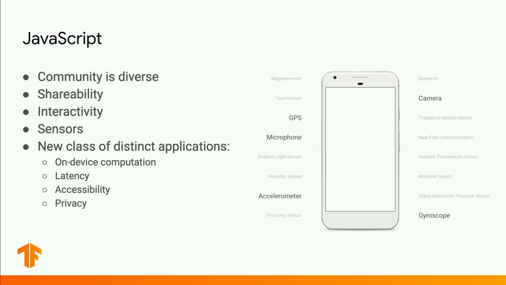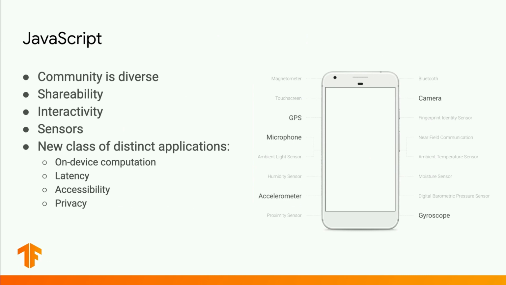Another thing about JavaScript is that it runs in a browser, and as you know, in a browser, if you build something, if you write a blog post, you share a link, someone is a click away from seeing your work. It is also highly interactive. Browsers have all the UI. They also run on laptops and mobile phones, and all of these devices have sensors such as microphones and cameras and accelerometers, and they're all exposed behind standardized web APIs.